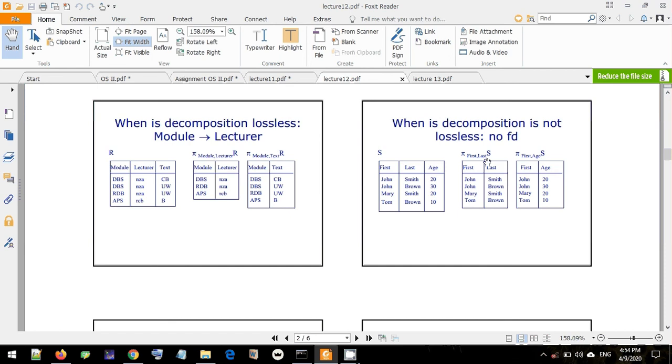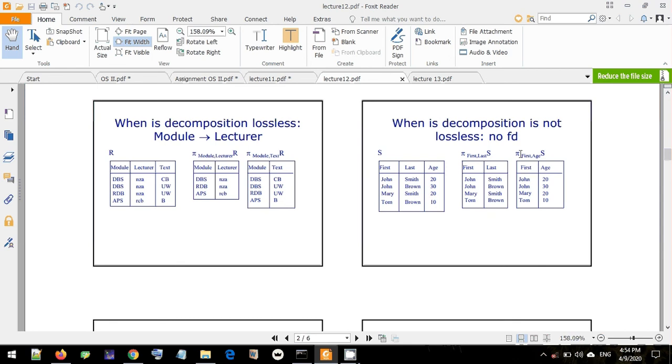So now we start with the table in the middle. That is a projection of S on the attributes first and last. We simply extract the first two columns, first and last, and form the table out of it. You see we have John Smith, John Brown, Mary Smith, Tom Brown. They are all different, so there is no need to reduce any data.